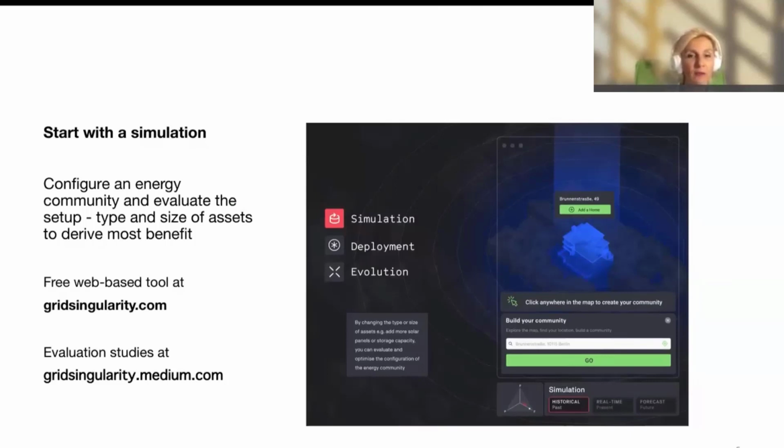And in case you have accurate real data, your simulation will be more precise. In case you do not yet have any data, you can use template data to simulate and understand which is the best type of configuration for your energy community, whether to improve one if you're already participating or to build one.